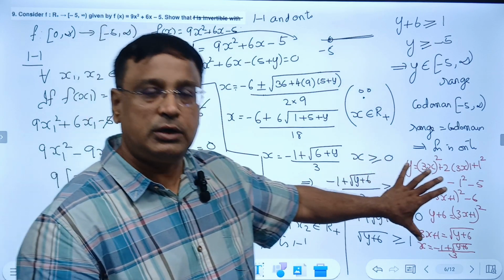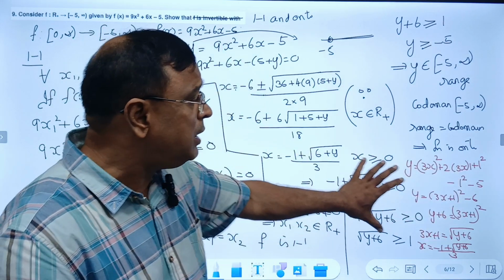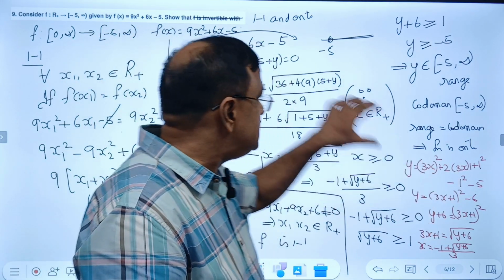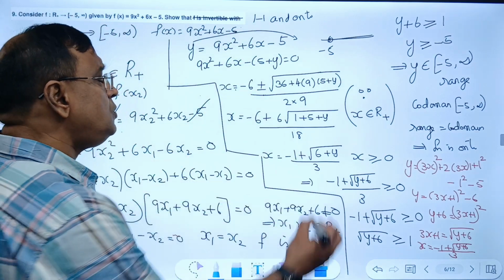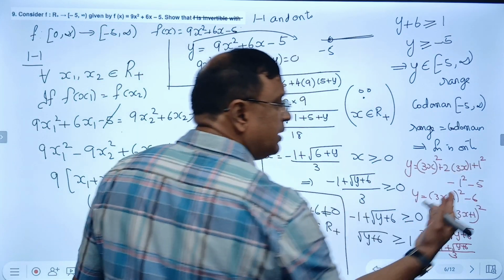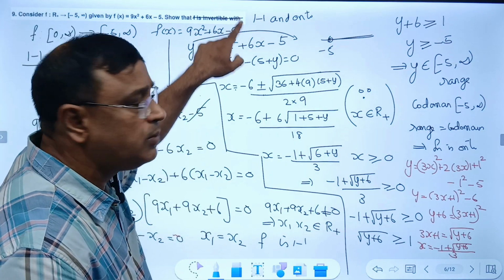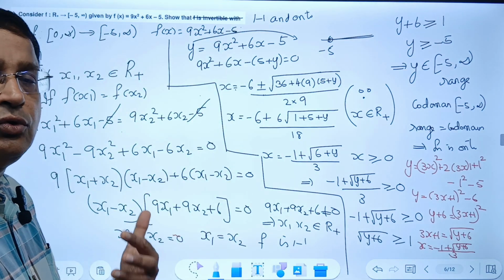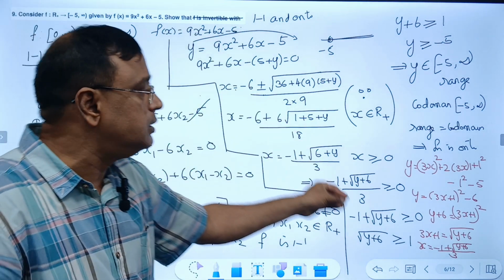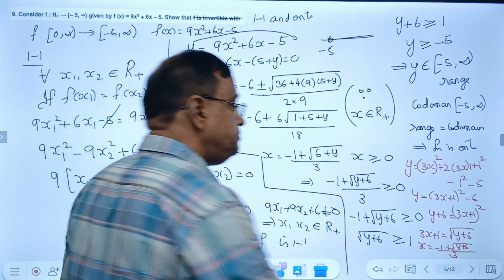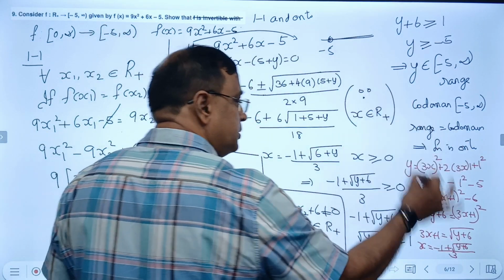So this is shorter. But I advise this method because what if we don't get a perfect square like this? You don't get 3x whole square. Suppose it is 2x square, then you have to think. So to avoid all that, just do it mechanically, you get the answer. It's not difficult. Any method you adopt.